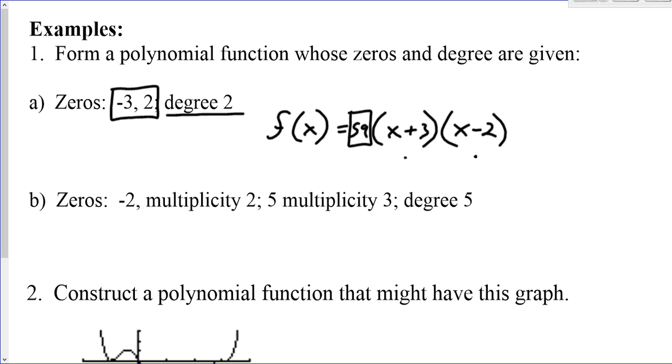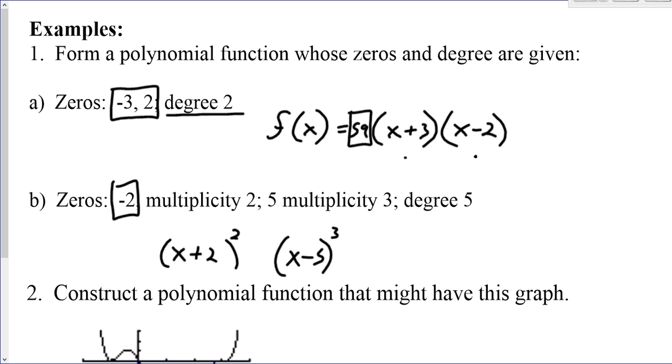Okay, if I have a 0 of negative 2 and a multiplicity of 2, so I'm going to work this. x plus 2 gives me that 0, multiplicity of 2, so I'm going to square it. 5 with multiplicity of 3, so that's x minus 5, which will give that 0, multiplicity of 3.